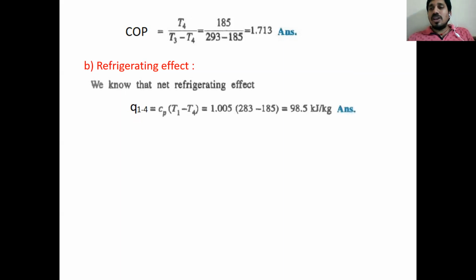I am assuming m as 1 for the per kg case. Cp for air we know is always 1.005, and the problem also mentions 1.005, T1 is 283, T4 is 185. Finally, we got the refrigerating effect per kg of air as 98.5 kilojoules per kg.